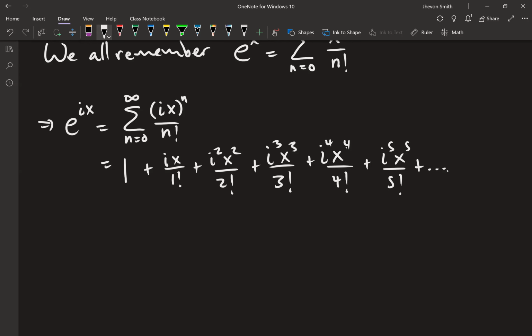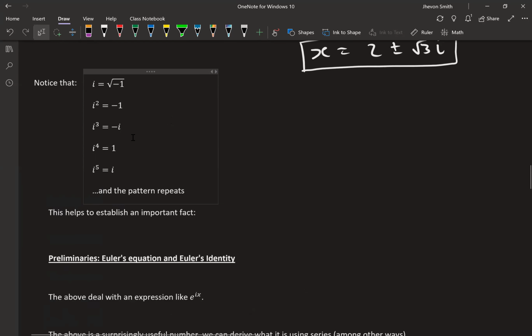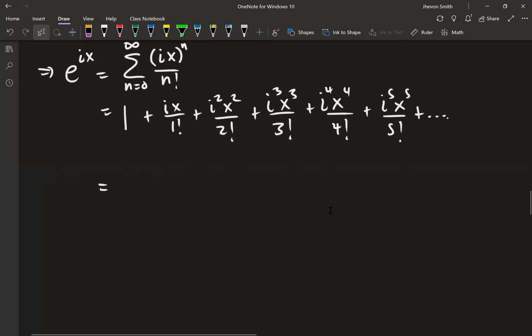Now, we can rewrite these i's in terms of the list I have up here. So this here, 1 plus ix. Notice that the i squared I can think of as minus 1. The i cubed I can think of as minus i.